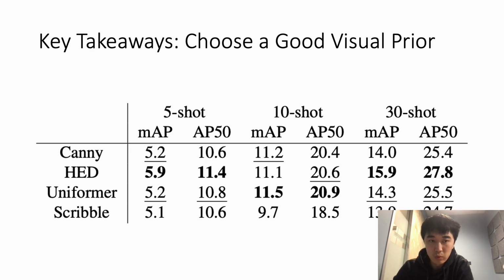This is because when the control is too fine, it might contain too many details, and there will be a lot of noisy signals in the synthetic data. And if we use a control like scribble that is too coarse, the image will lose a lot of edges or details, and it will confuse the controllable diffusion model from generating high quality data.